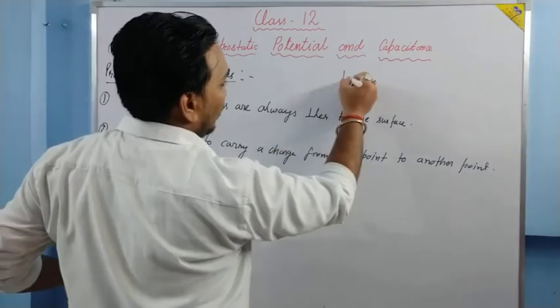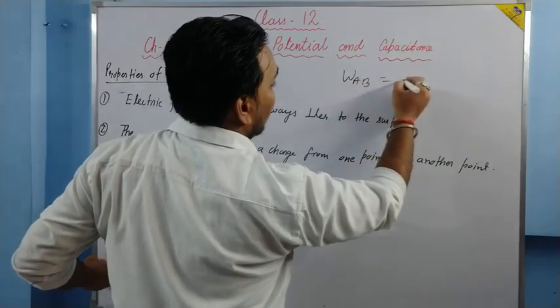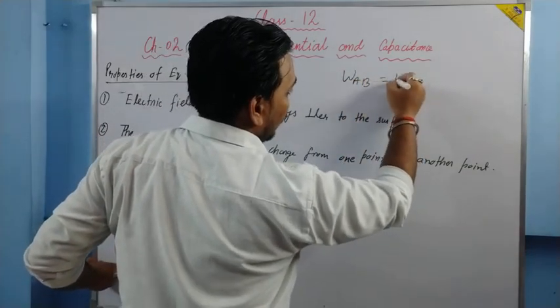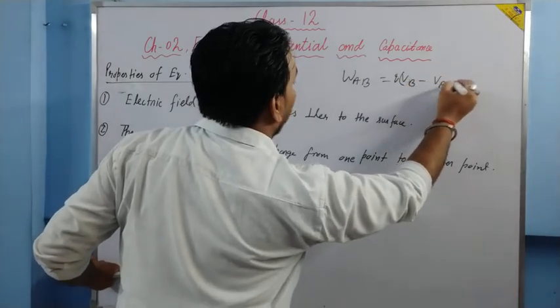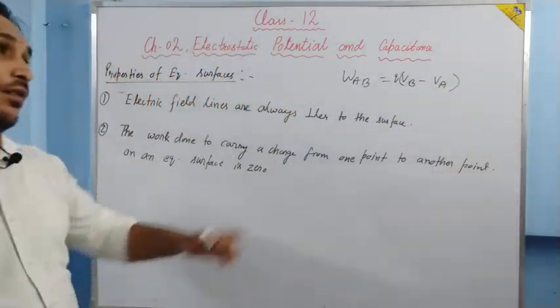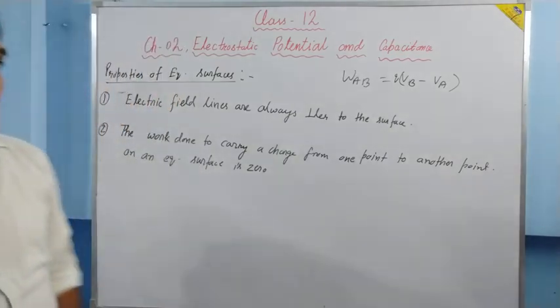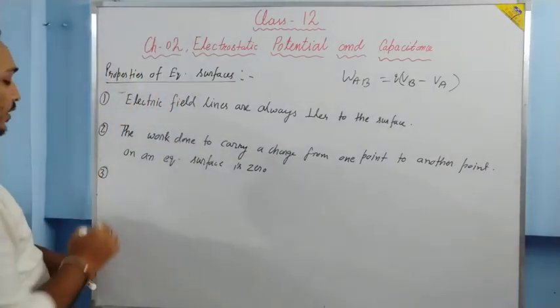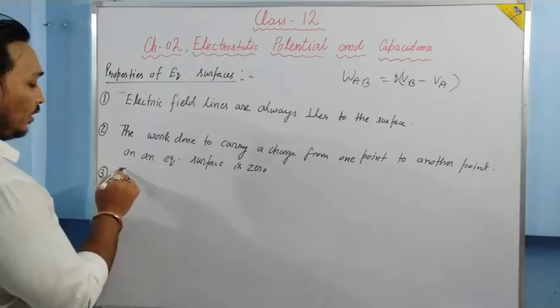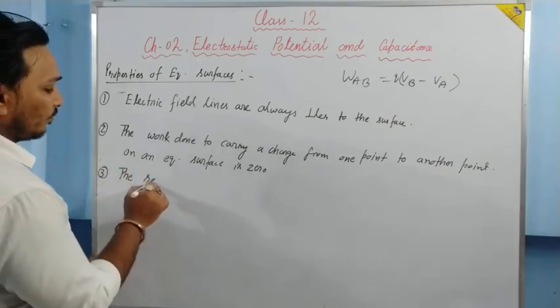Why is it so? Because the work done to carry a charge from A to B is Q times (VB minus VA). If all the points have the same potential, then VB and VA will be the same and the work done will be 0.